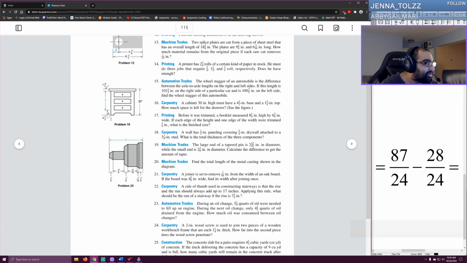So how would we set up this problem here for number 16?